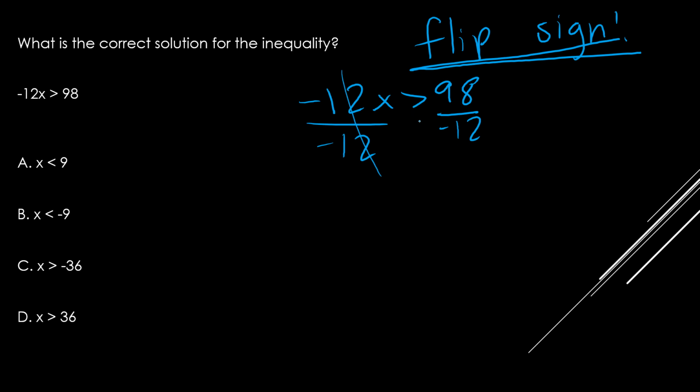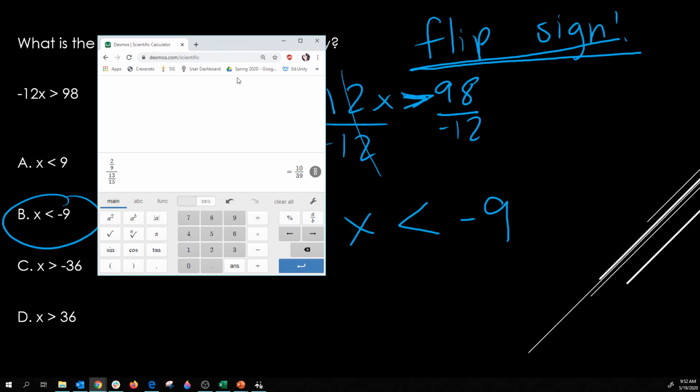So when I do that, this inequality sign that is facing this way will now be flipped the other way, and this will give me negative 9. So please do not forget you must flip your inequality sign. And for this one, please double check your math using a calculator. Okay, don't make a silly mistake. Don't forget a negative. 598 divided by negative 12.